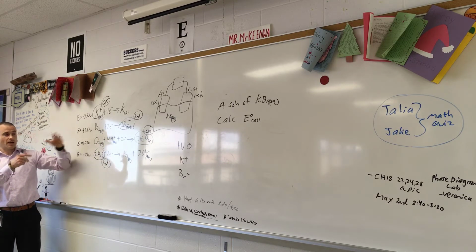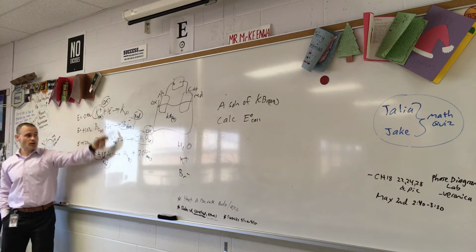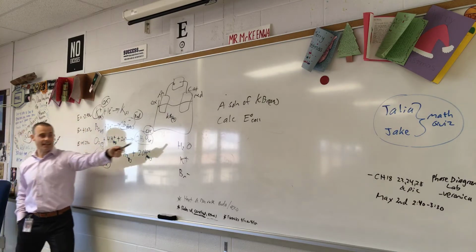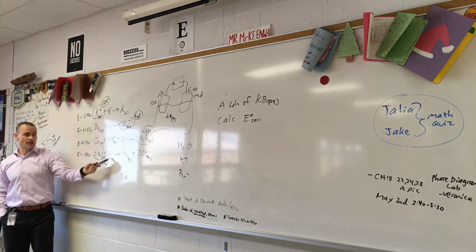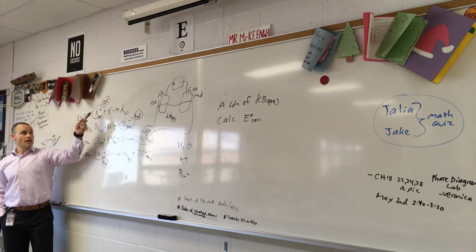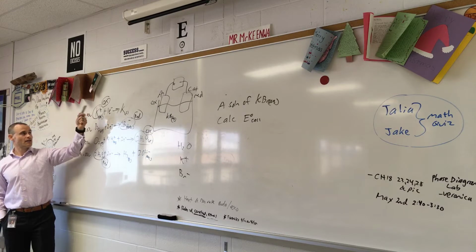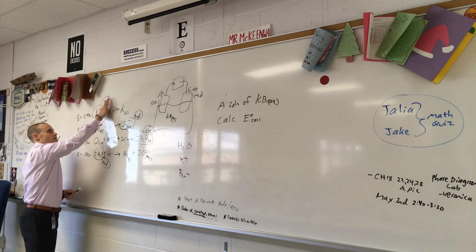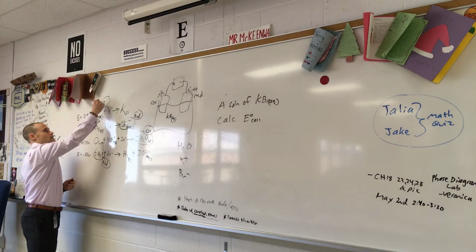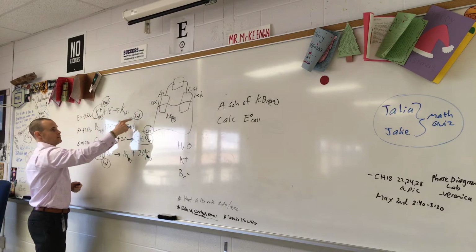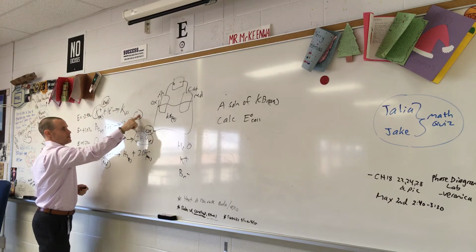So I'm going to just repeat myself. How do I know which one's which? I look at what's in the beaker and what's happening in the half cells. Here it's gaining. I said that backwards, didn't I? Sorry, guys. That's reduction. I said it exactly backwards, I'm sorry.